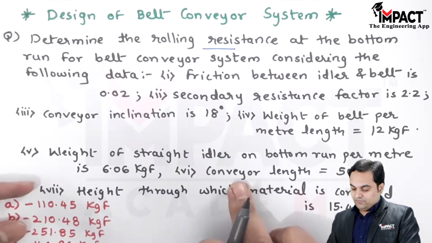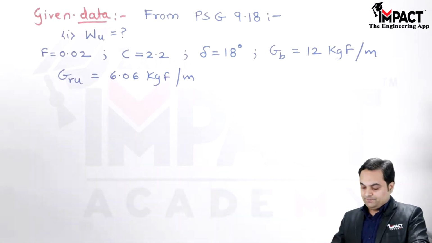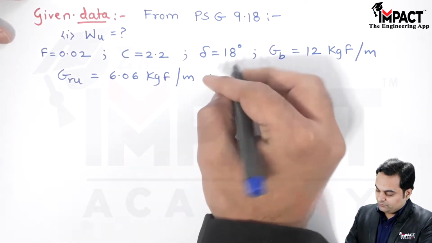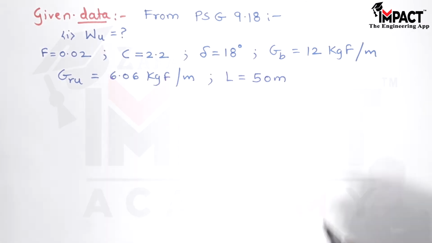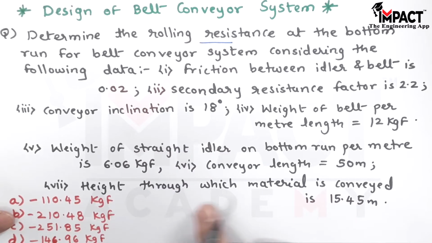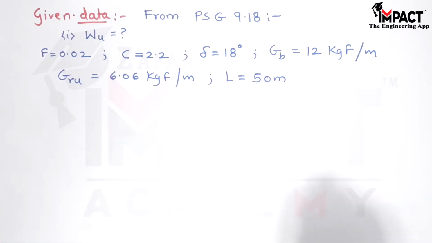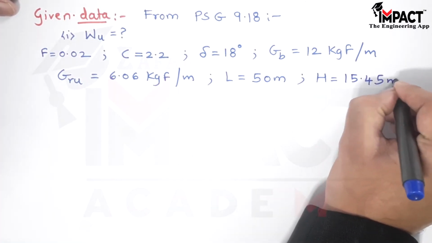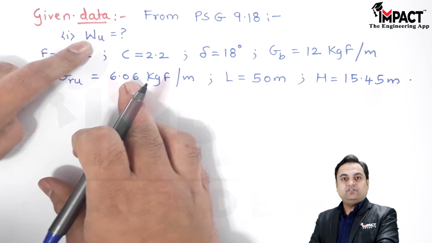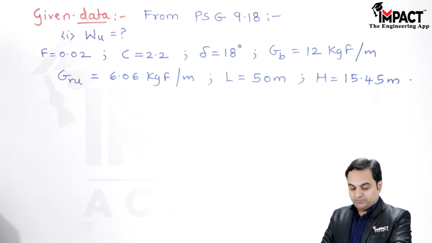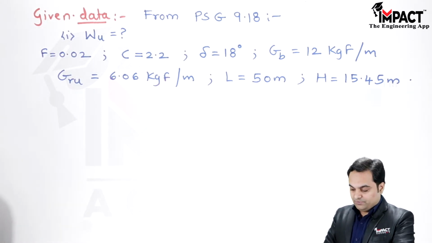Then the conveyor length is given as 50 meter. Then the height through which the material is conveyed is 15.45 meter, that is capital H. We need to know W suffix U, that is the rolling resistance on the bottom run. So into the solution part.